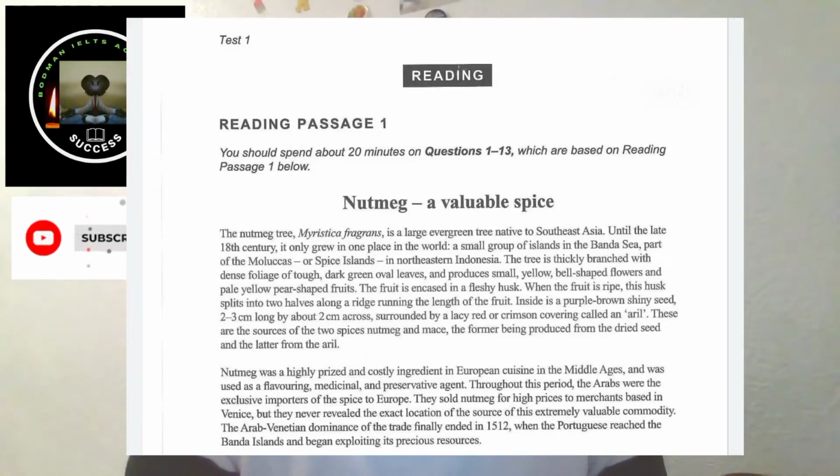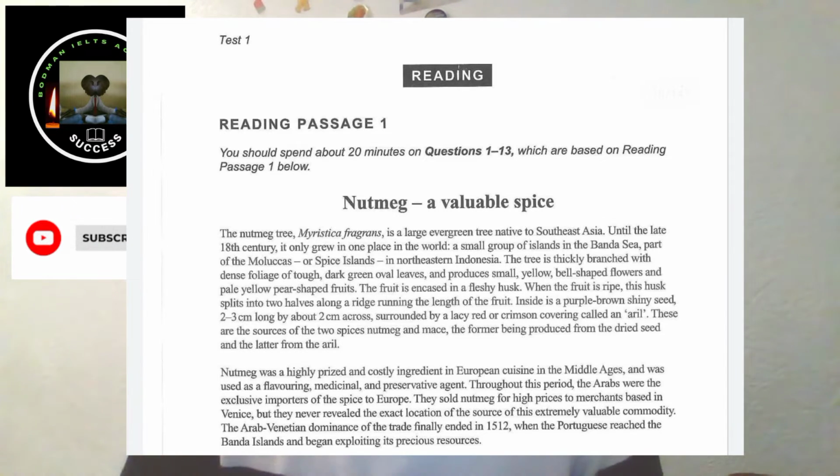So if I quickly read that place, the tree is thickly branched with a dense foliage of dark green leaves and produces small yellow shaped flowers and yellow pear shaped fruit. Now, I could see that area talks about leaves and other things and the shapes. I will now calm down a bit and read slowly to pick the shape of the leaf.